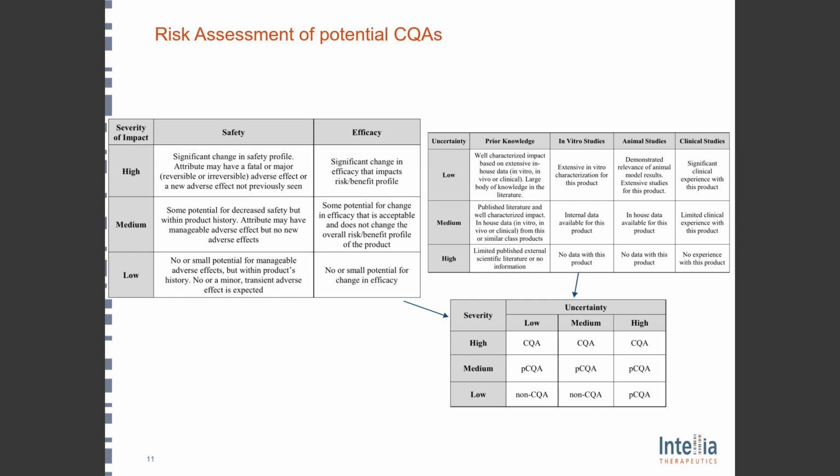On the right side, I have a table for uncertainty. So you can look at low, medium, and high uncertainty. And there are several different areas that you might want to look at as far as where you might gain your knowledge for your impurities, right?